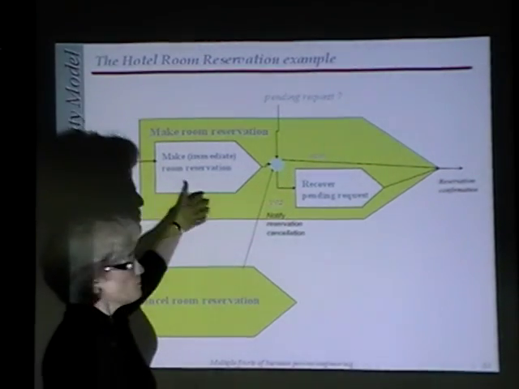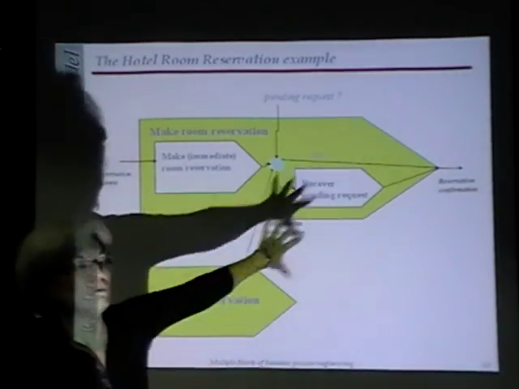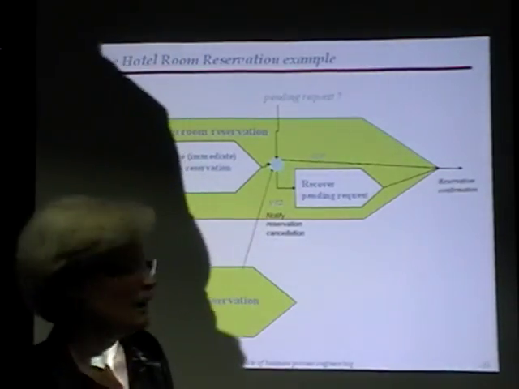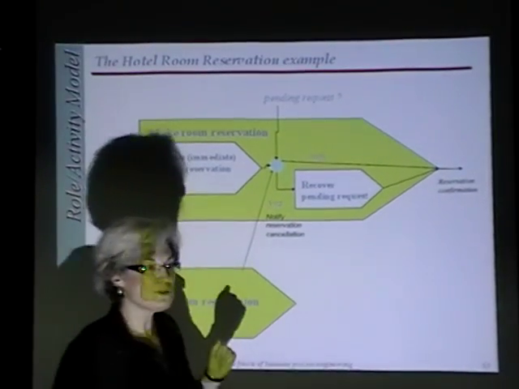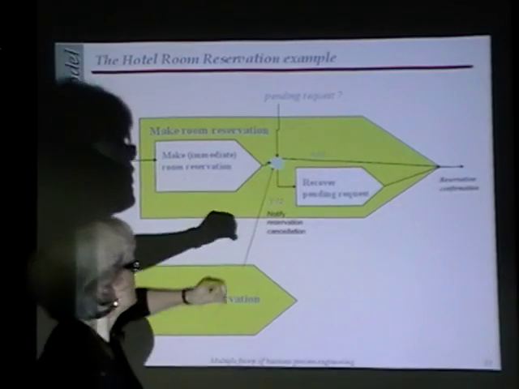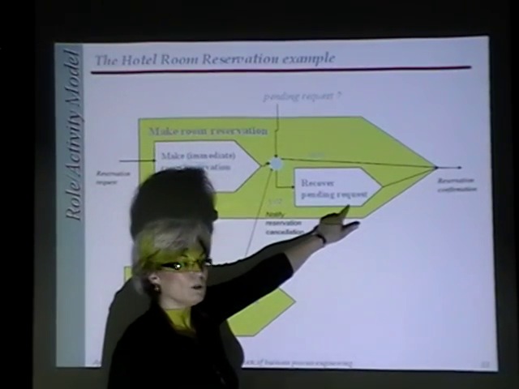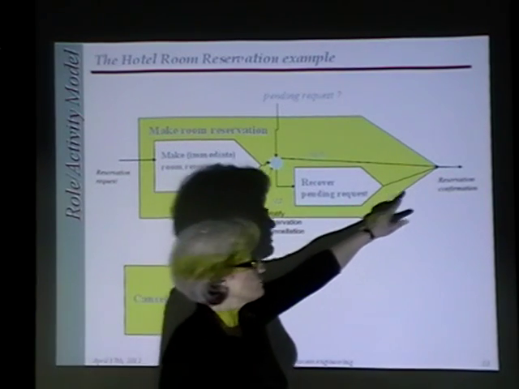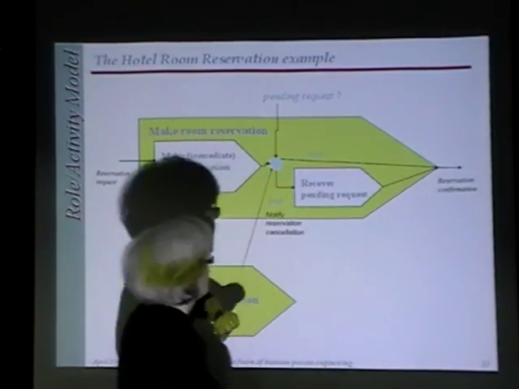But because this is a simple example, suppose that these are two more distant processes, and there is nevertheless this flow of information which is necessary in order to allow this process to continue its role of providing the final product of this process.